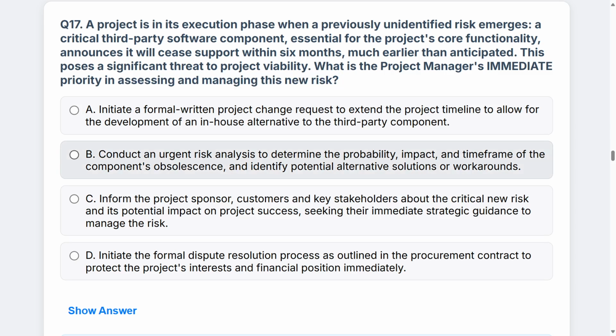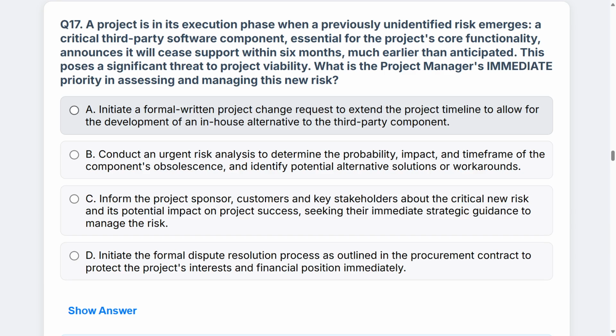So to assess, we definitely have to do probability, impact assessment, and the time frame. The time frame of the component's obsolescence is important. So we've got an idea that they'll cease support, but it's not 100% certain from what I'm reading here. And identifying potential alternative solutions needs to be done as well.